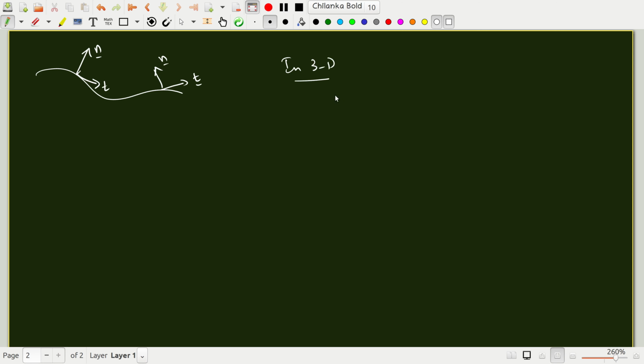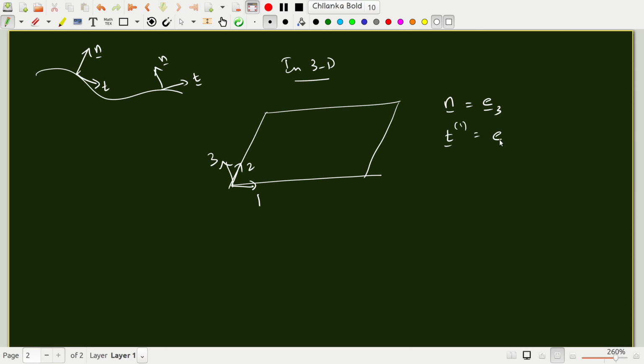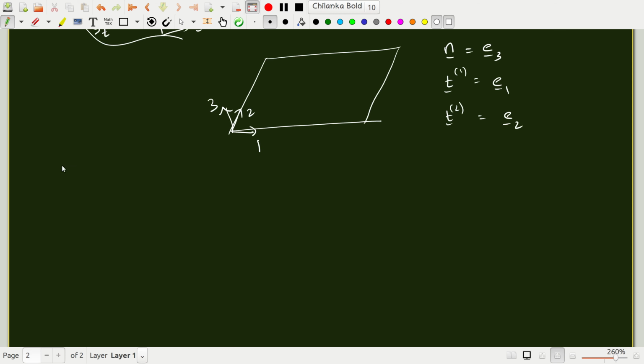In 3 dimensions, if you want to know how it's going to look, let's say an interface looks like this. This is 1, this is 2, the third direction is 3. Let n be equal to e3, t1 is e1, and there are 2 tangents, remember, to a flat surface. Now if you want to know n dot T dot n, which is ni Tij nj, this is a summation over ij now going from 1 to 3, because it's a 3-dimensional system.